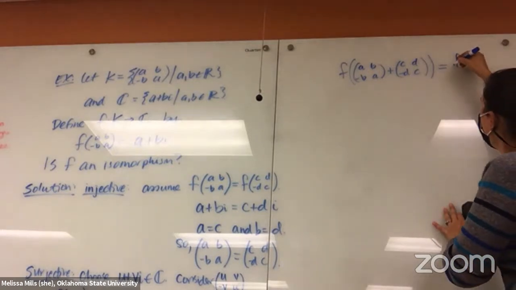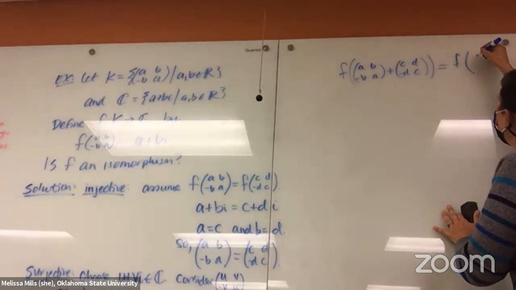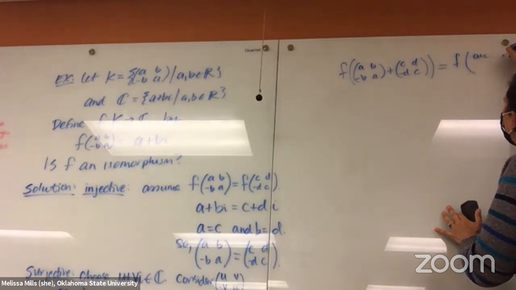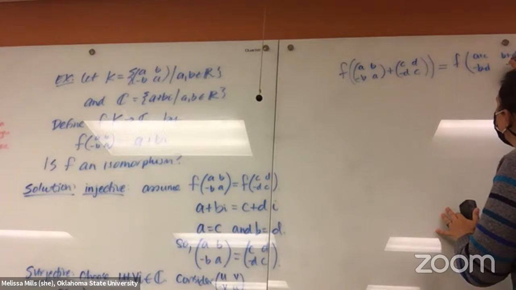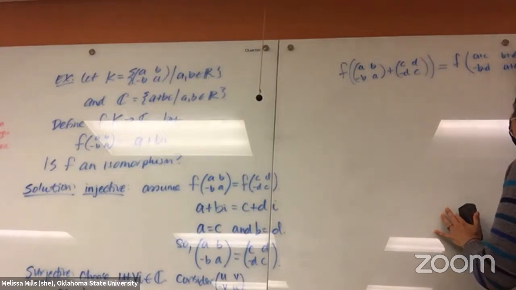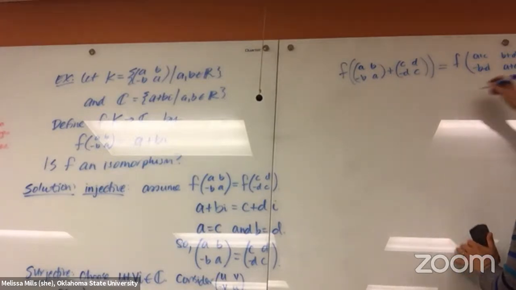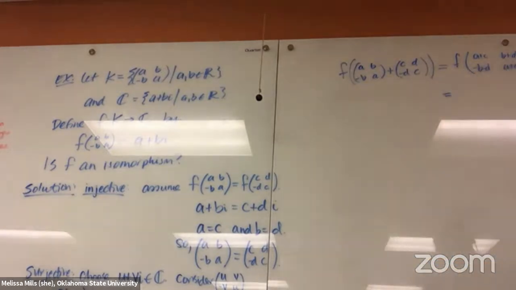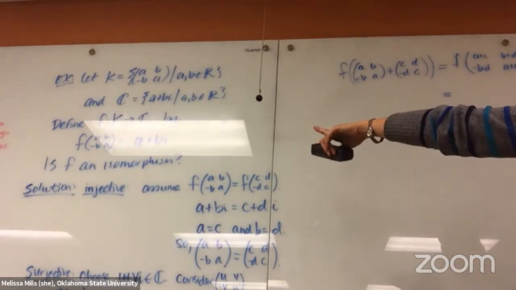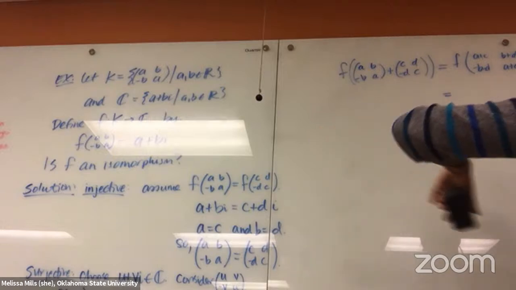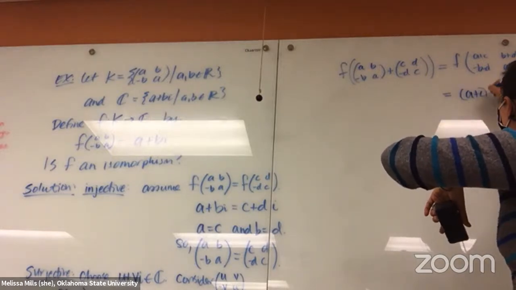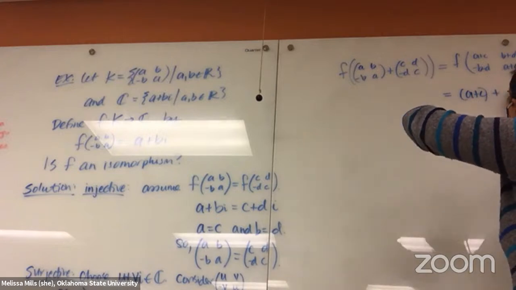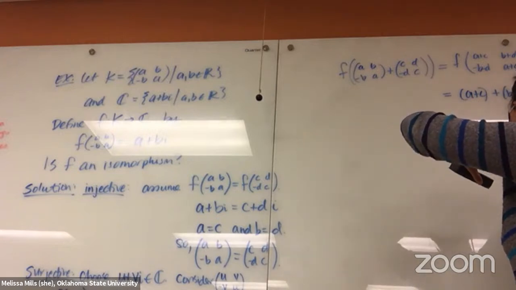So that is F of A plus C, B plus D, negative B minus D, A plus C. Then I'm going to do the mapping. So what does my mapping do? A plus C plus I times the quantity B plus D.